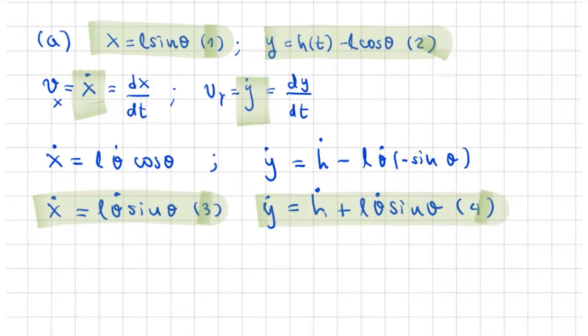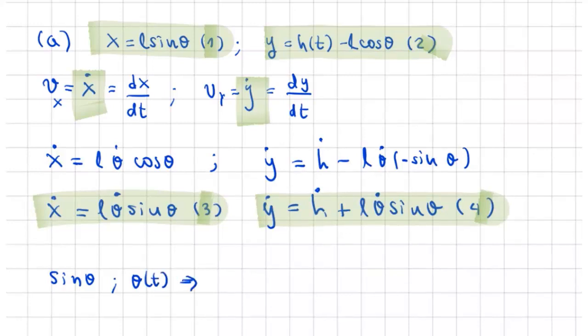What I did to find equations number 3 and number 4 was use the chain rule. You remember the chain rule, right? If you have a function f, let's take the sine of theta, and theta is a function of the time.